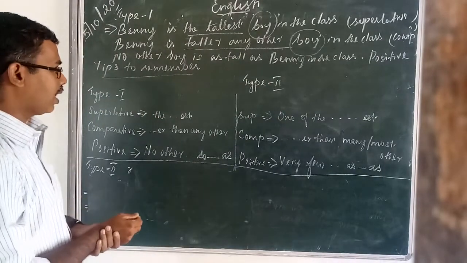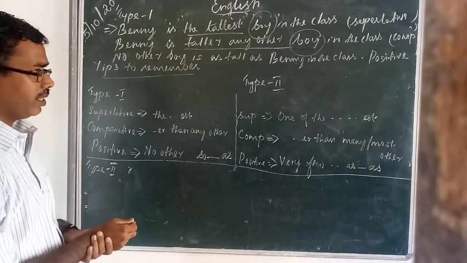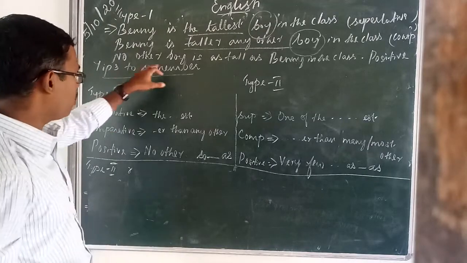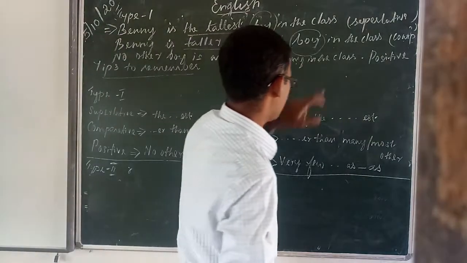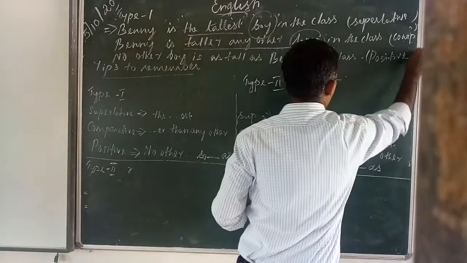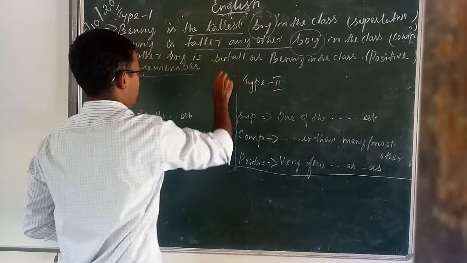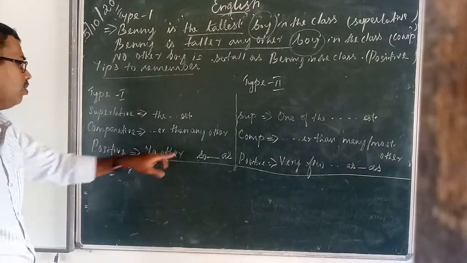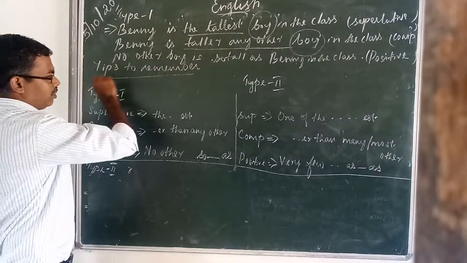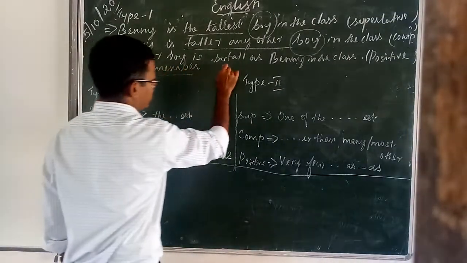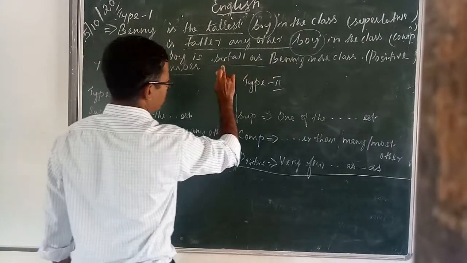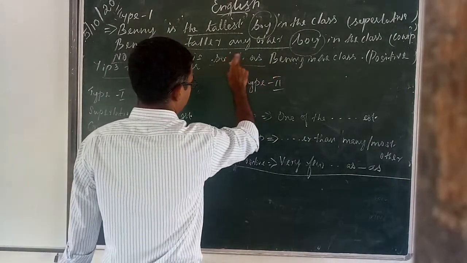No other boy in the class is as tall as Benny in the class. No other boy is as tall as Benny in the class. That is positive degree. So tallest. No other consonants will use so dashes. Then no other so tall as.